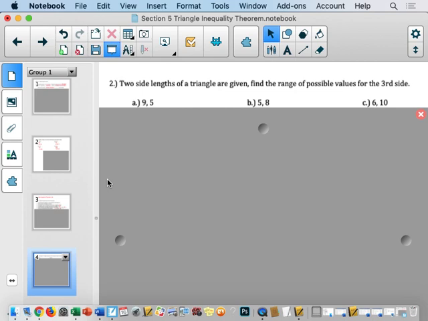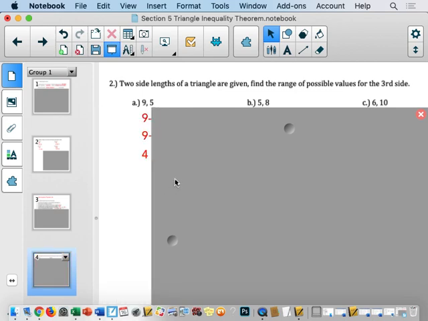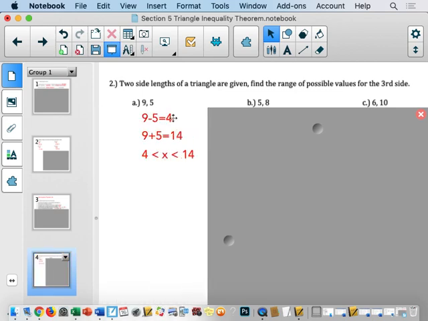Subtract them and add them. When I subtract, the smallest the side could be is 4, or 4.1 technically. And the largest could be up to 13.9. So my range is 4 to 14.